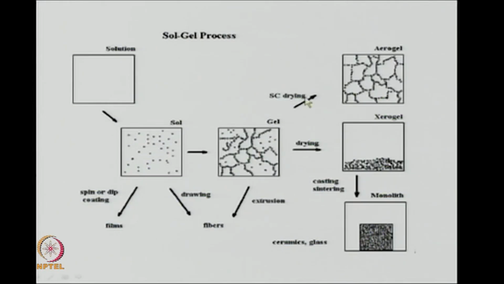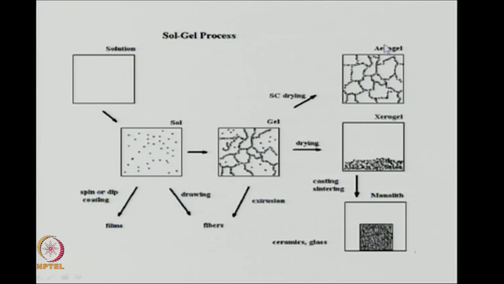However, there is something called supercritical drying. If you do that, you can remove the liquid in between this network structure to get this porous gel. This is called an aerogel. It is a very porous structure where the liquid has been removed and the structure still remains.